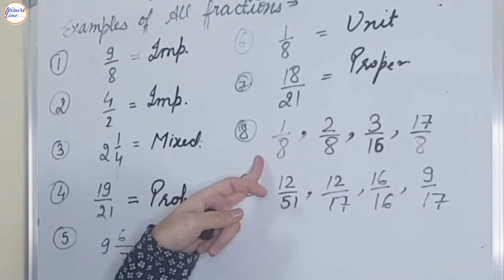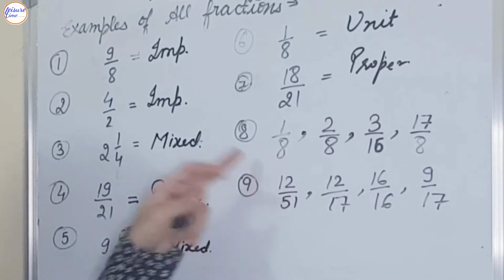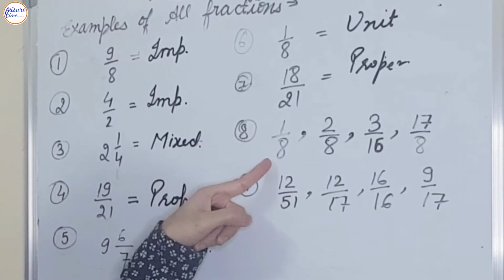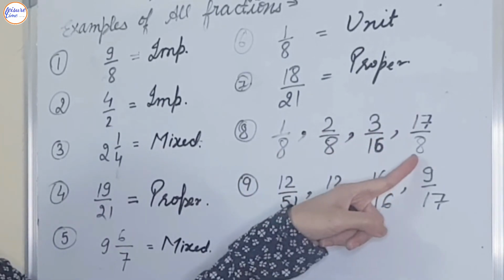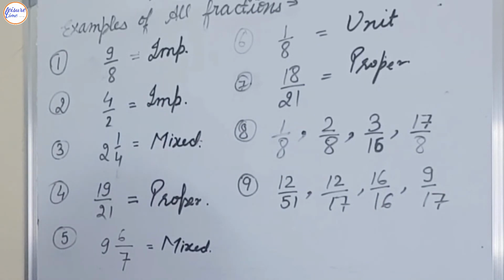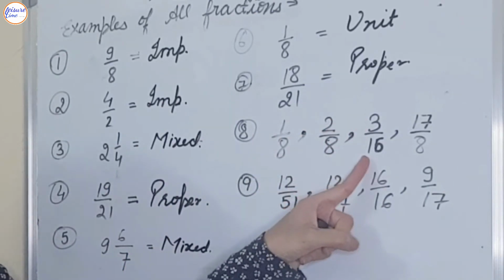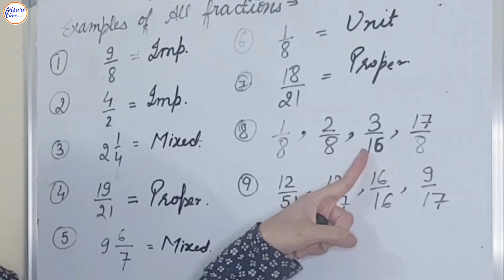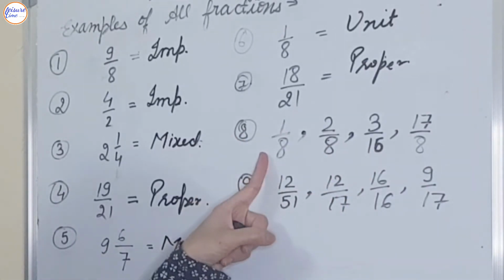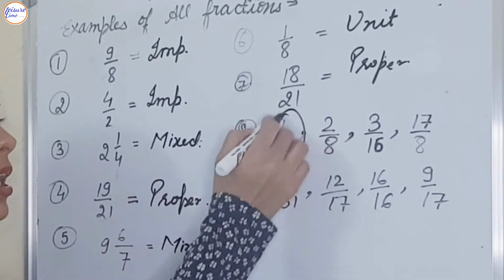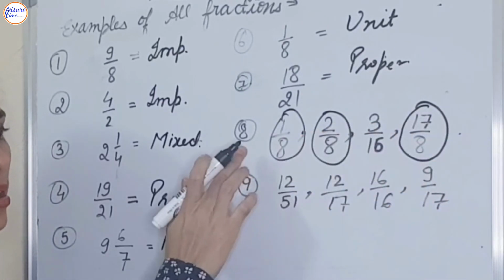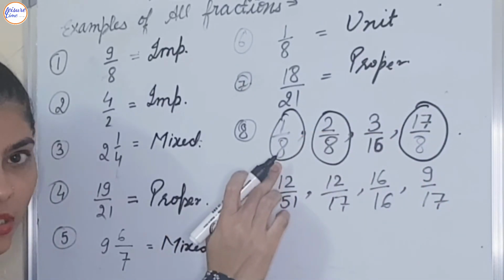As you know, like fractions are those fractions whose denominators are the same. So 1 by 8, 2 by 8 and 17 by 8 all have the denominator 8, but 3 by 16 doesn't have the denominator 8. So 1 by 8, 2 by 8 and 17 by 8 are like fractions.